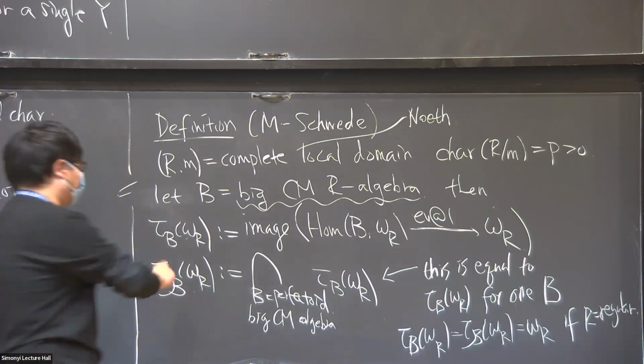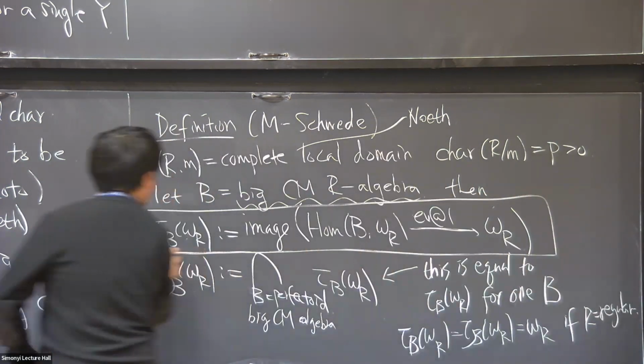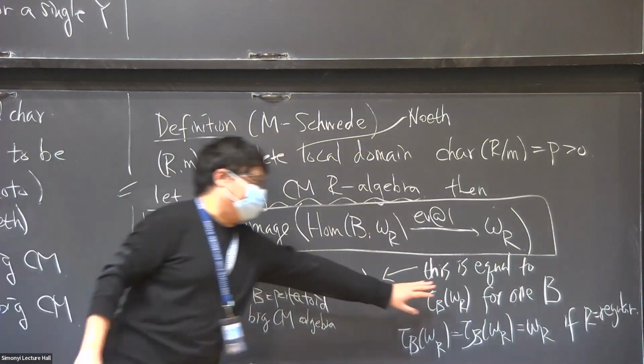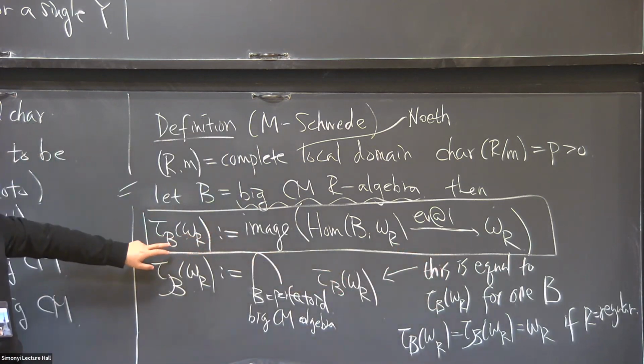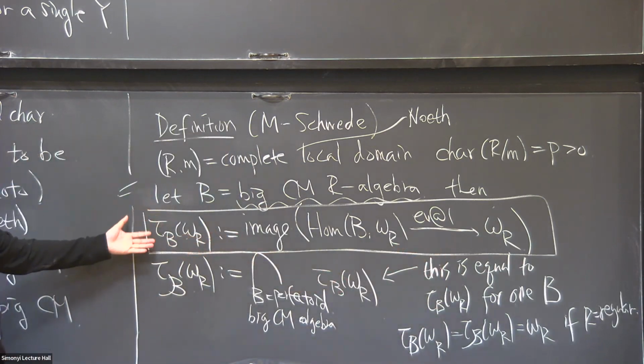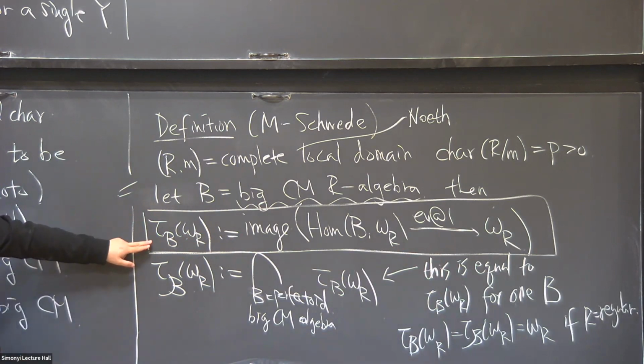If you stick with this definition, we don't know whether it commutes with localization. Whenever you define an invariant in commutative algebra, the first thing you ask is whether it commutes with localization, and that's not clear in this setup.